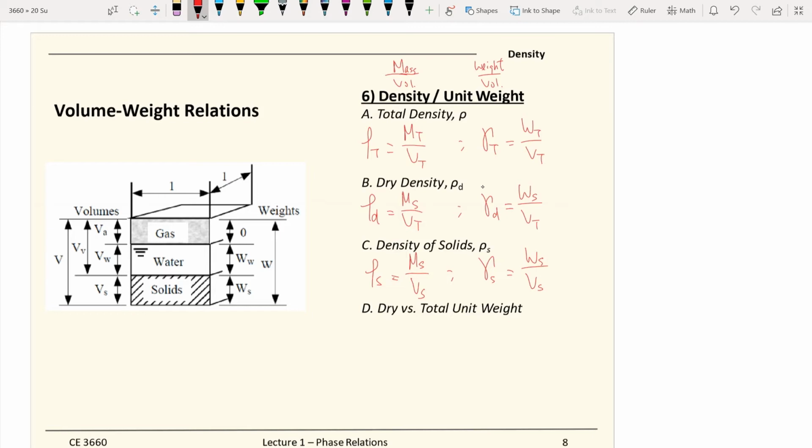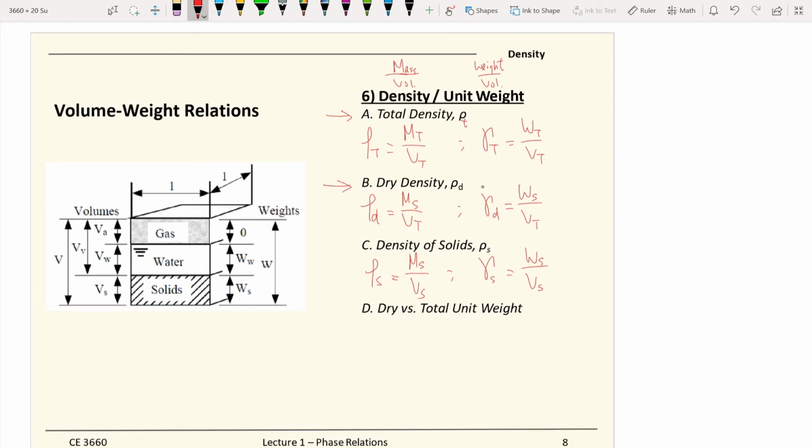One popular correlation we want to relate to each other is the total unit weight and the dry unit weight.